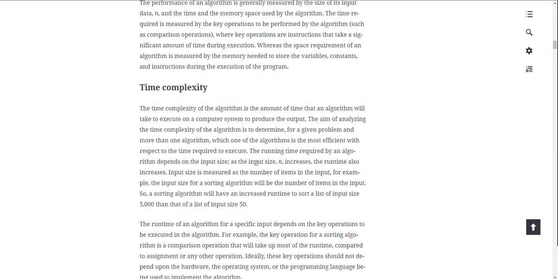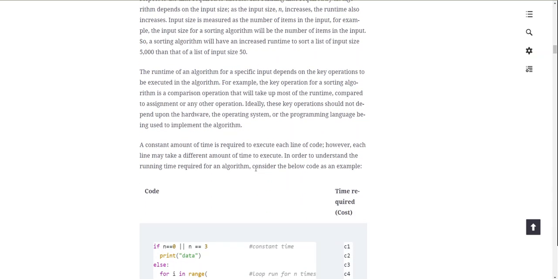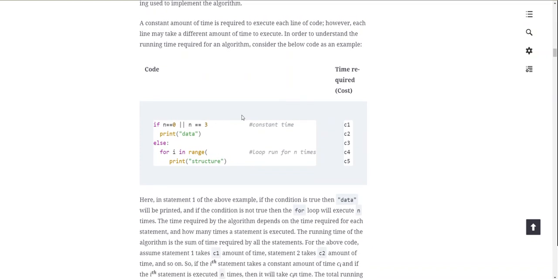It's possible. What if n increased by 1,000, but time only increased by 1? Well, that wasn't so bad. And those are the things that we're going to look at relative to time complexity. But we've got to be able to go through and analyze the code and put a cost associated with it. So here's a block of code.